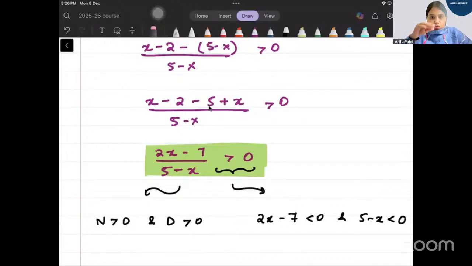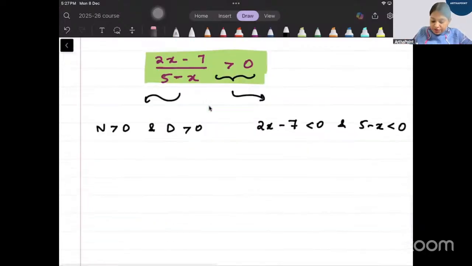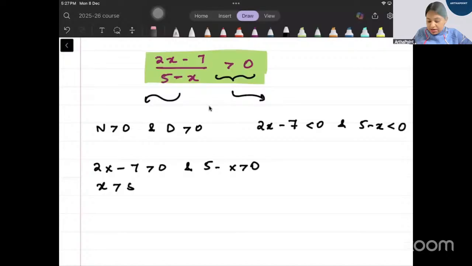Under these two circumstances, the fraction will be positive. So solving the first circumstance, 2x minus 7 greater than 0 and 5 minus x greater than 0: x greater than 7 by 2, that means 3.5, and 5 greater than x, so x less than 5.